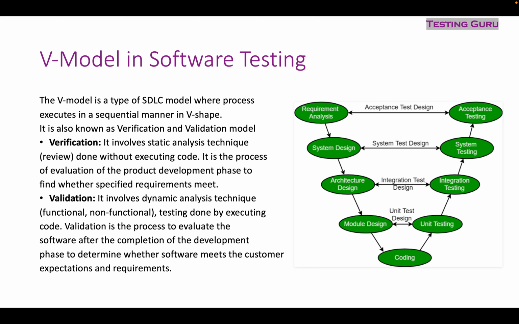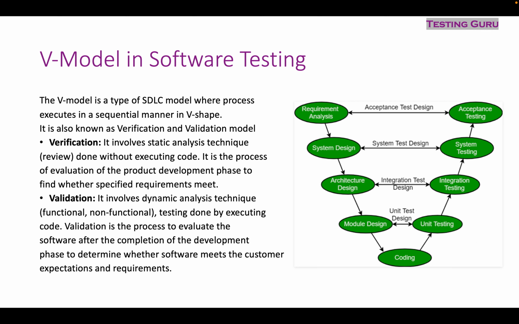It is a process of evaluating the product development phase to find whether the specified requirements are met. Validation involves dynamic analysis techniques like functional and non-functional testing done by executing the code, and it is the process of evaluating the software after completing the development phase to determine whether the software meets the customer expectation or the requirement. So here the development and the testing go hand in hand.